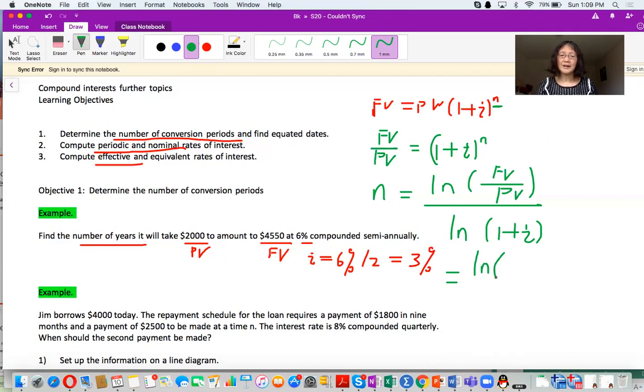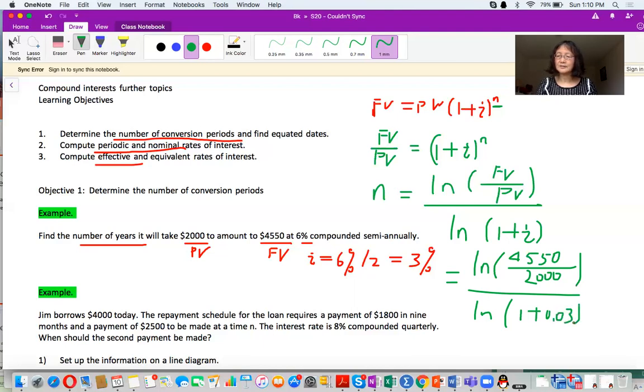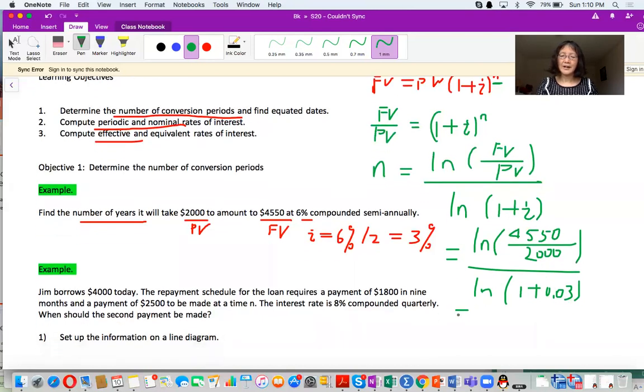FV equal to 4,550 divided by PV 2,000, and then ln of 1 plus interest, which is 3%, 0.03. And then you get the result, 27.8083.